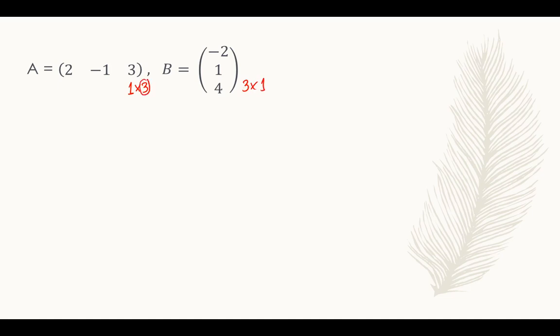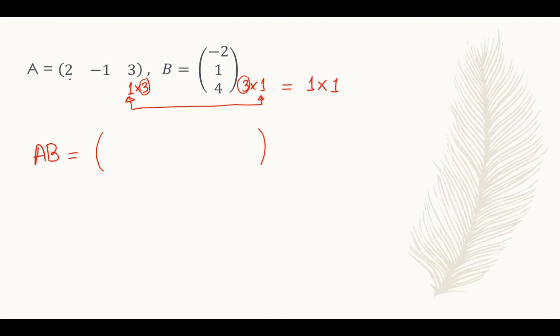Here the number of columns equals the number of rows, so we can multiply the two matrices, and the resultant matrix will be of order 1 times 1. How can we find the product of A times B? It will be only one element, so the resultant matrix is of order 1 times 1, 1 row and 1 column.